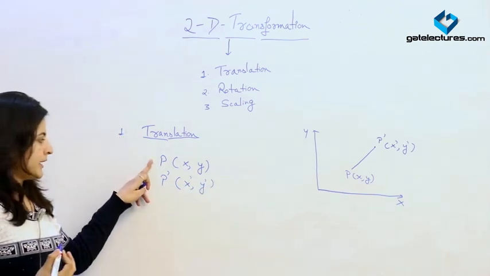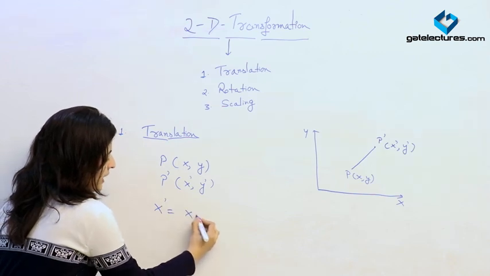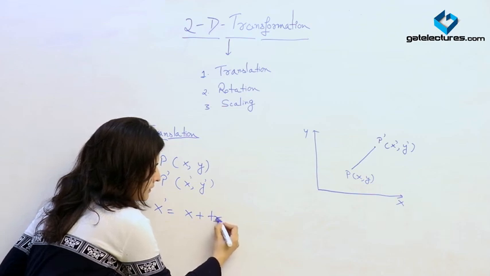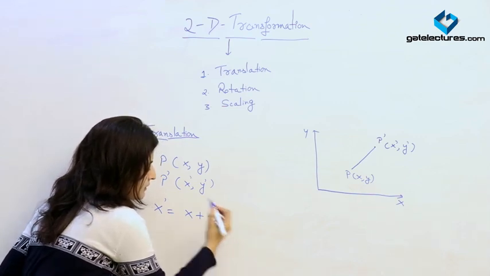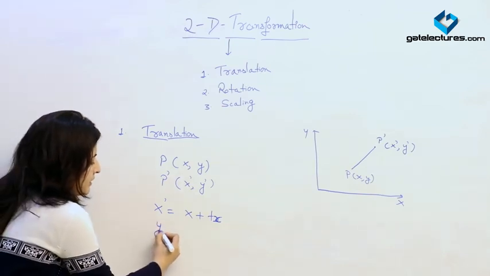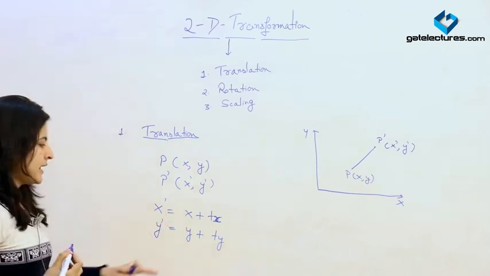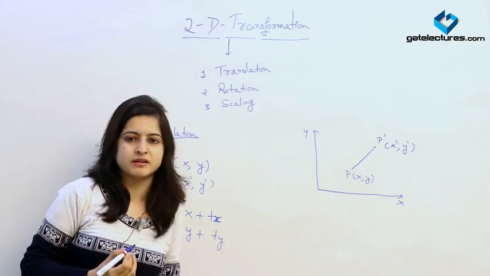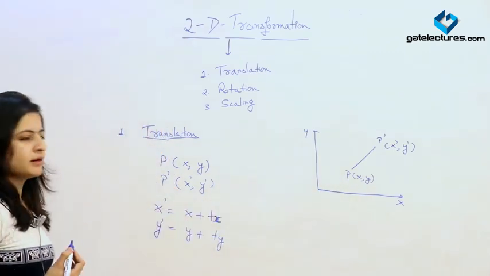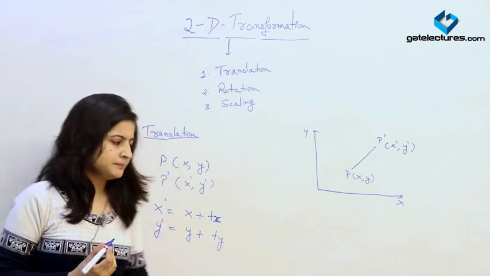So while moving P to P dash, I am adding some value to the x coordinate: x dash equals x plus tx. Similarly, y dash equals y plus ty. By the addition of these tx and ty, we are changing the coordinates of point P to make it P dash. So these tx and ty are called translation factors.